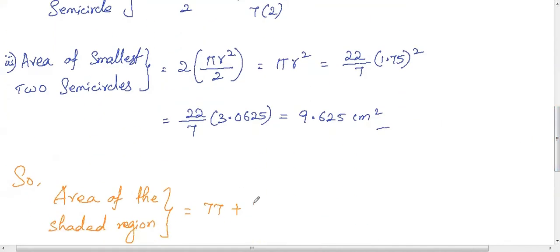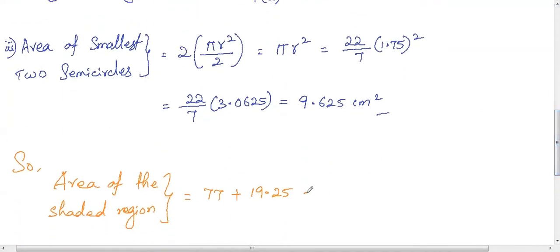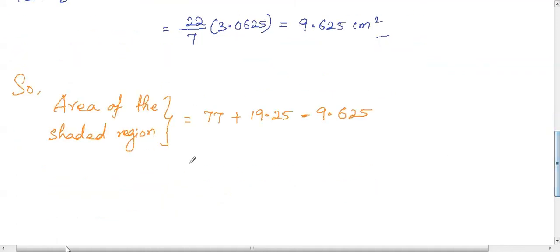So 77 plus 19.25 minus 9.625. If we simplify, we will get 86.625 centimeters square, which is the area of the shaded region.